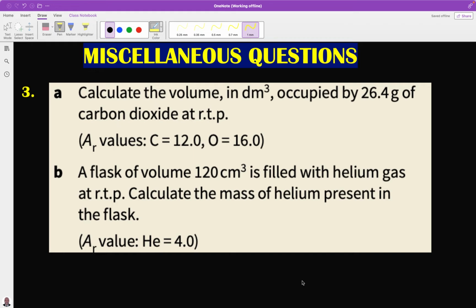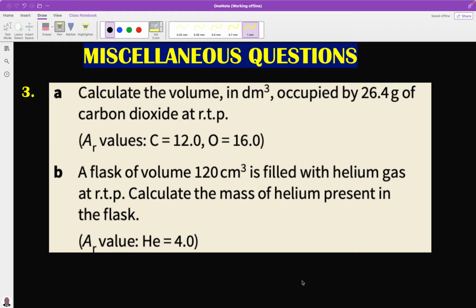The molar gas volume is the volume occupied by 1 mole of any gas at room temperature and pressure.